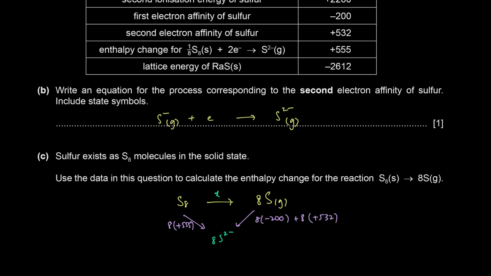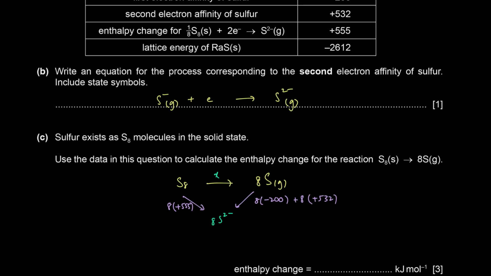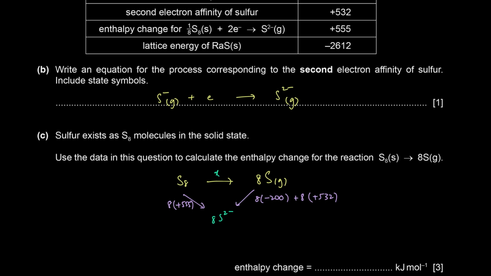So now we have a Hess cycle here. What we can say is that either I can first atomize the sulfur and then add electrons to it, or I can go directly from molecular sulfur to forming the anions. So I have X plus 8 times negative 200 plus 8 times 532 is equal to 8 times 555.